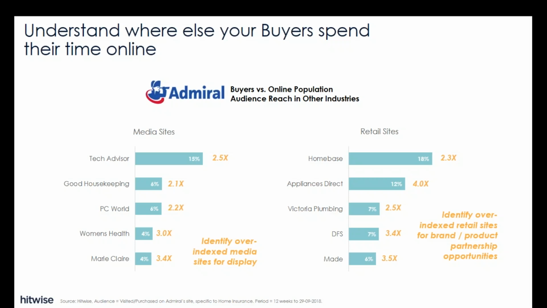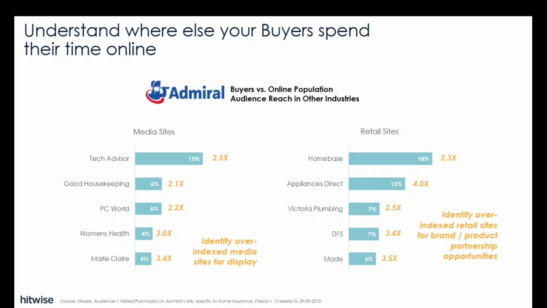Additionally, when it comes to retail sites, I'd also want to know what retailers they're considering to upgrade their homes. So my buyers, they're 2.3 times more likely to visit Homebase, and they're also 4 times more likely to visit Appliances Direct. And again, like with what Charlotte had shown and what myself had shown, these insights have direct implications.